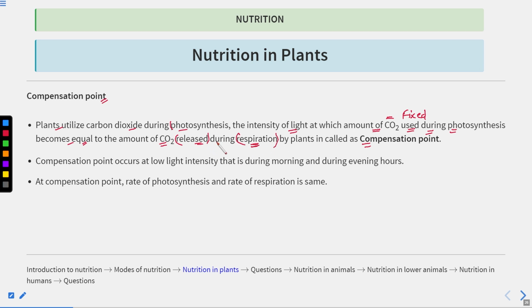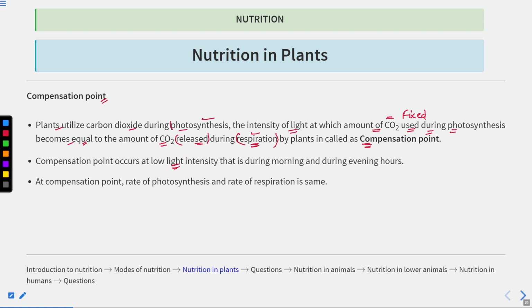So you have to remember here, we are talking about two phenomena. First is photosynthesis, second is respiration. So this point is known as the compensation point. And this compensation point usually takes place at low light intensity. At low light intensity, the photosynthesis rate is low. And what happens at low light intensity?